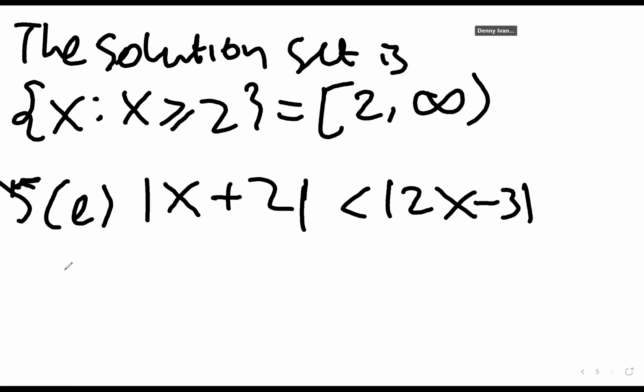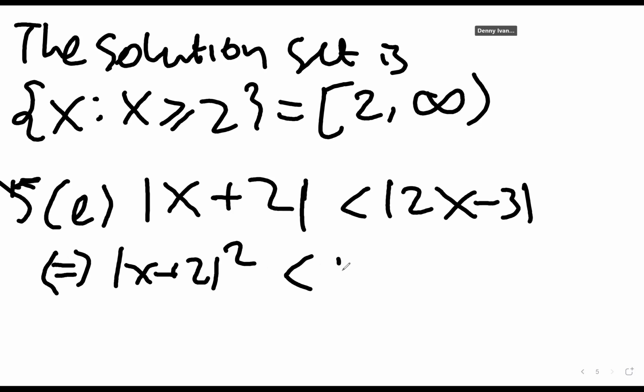Okay, it is equivalent with x plus 2 squared is less than the absolute value of 2x minus 3 squared.